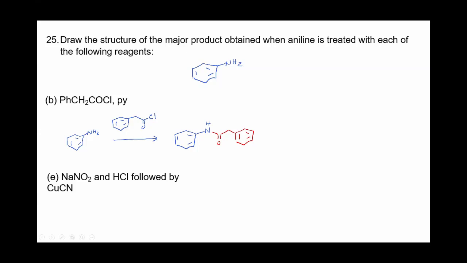So we'll make an amide there. And then in aniline, ethanol followed by copper nitrile is going to form the nitrile. Questions there?